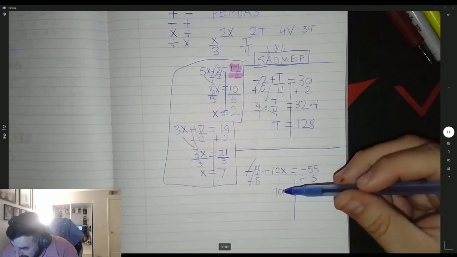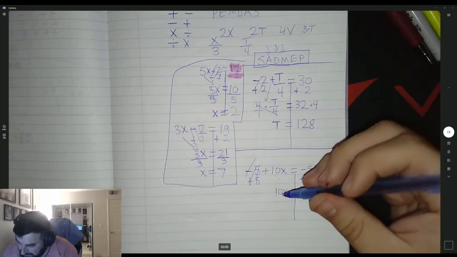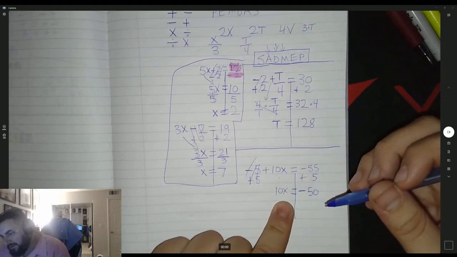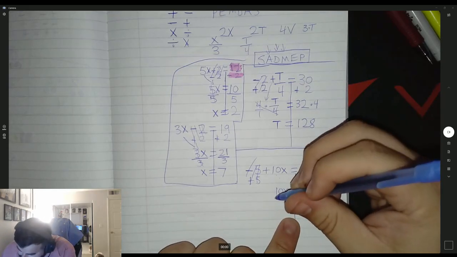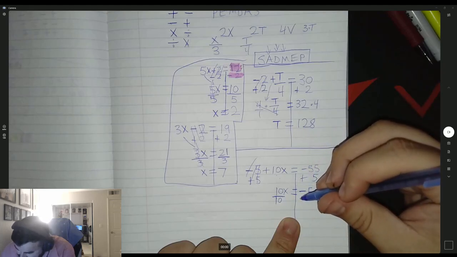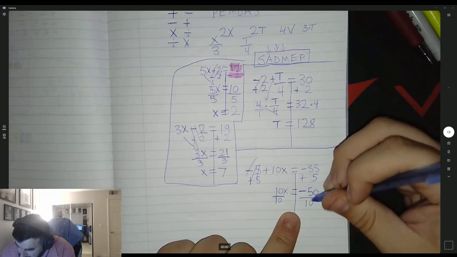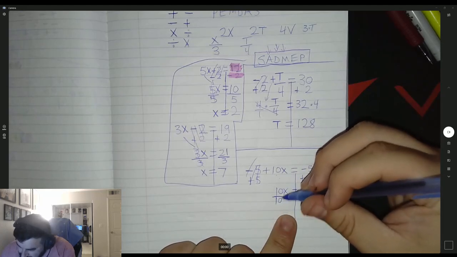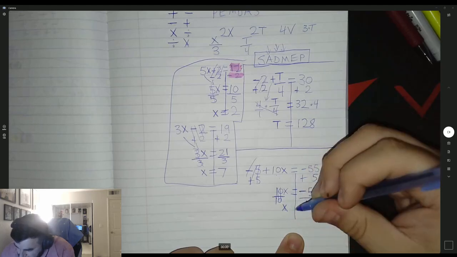Okay, let's look at this. 10x equals a negative 50, right? So now, ask yourself, the 10 and x, what are they doing? Oh, it looks like they're multiplying. So let's divide both sides by 10, because the opposite of multiplication is division. Now, 10 divided by 10 turns into 1, but I don't need those there because I can just write 1x right here.